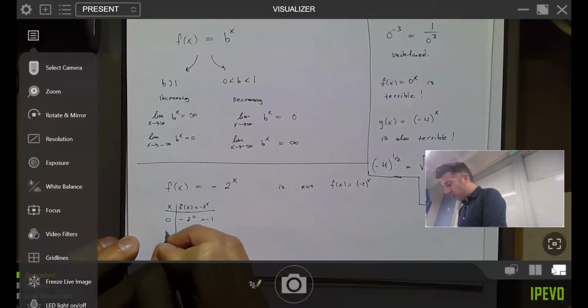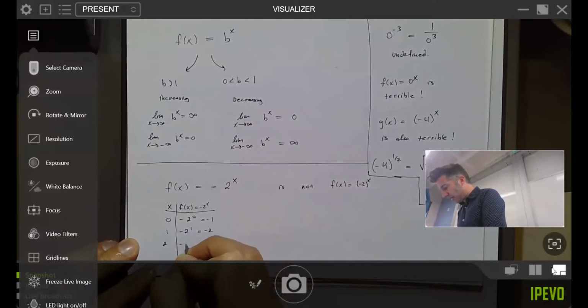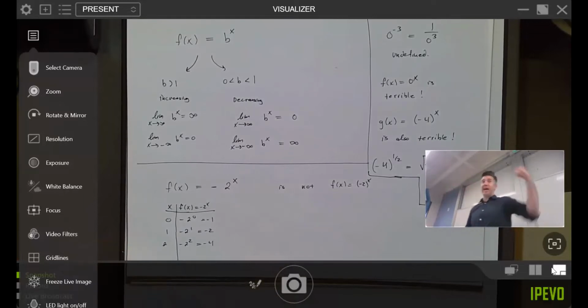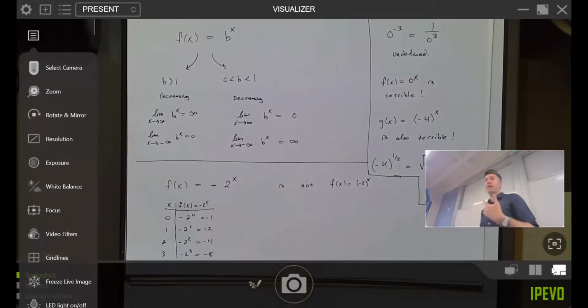2 to the 0 is 1, so I get negative 1. And if I plugged in 1, I get negative 2 to the 1, which is negative 2. If I plugged in 2, I get negative 2 squared, which is negative 4. We're doing the exponent first, the negative part second. So what this negative sign in effect does is it flips the graph across the x-axis vertically.